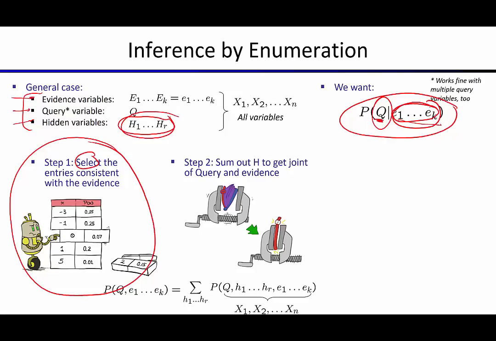So mathematically what that means is once you do this step one, you end up with a table that corresponds to, so what you're trying to compute is this thing over here. You have a table that has these types of entries. To compute this type of entry, you need to sum over all values the hidden variables can take on. This is marginalization.